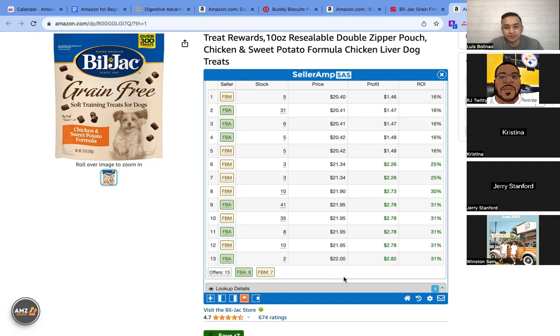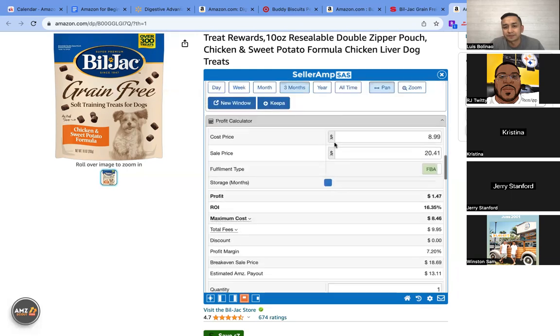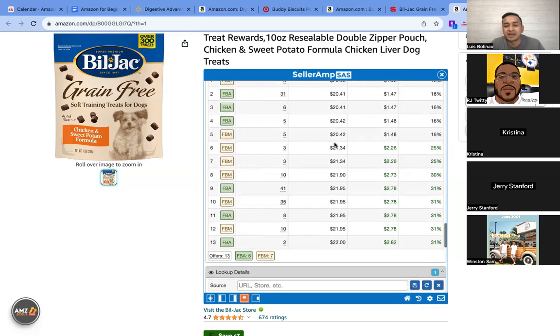For this one, I'm looking at everyone, just because they're priced pretty close to each other, right? 20, 21, 22. So for this example, I'm looking at the whole thing, because the way the buy box works and how the share works is really not clear.